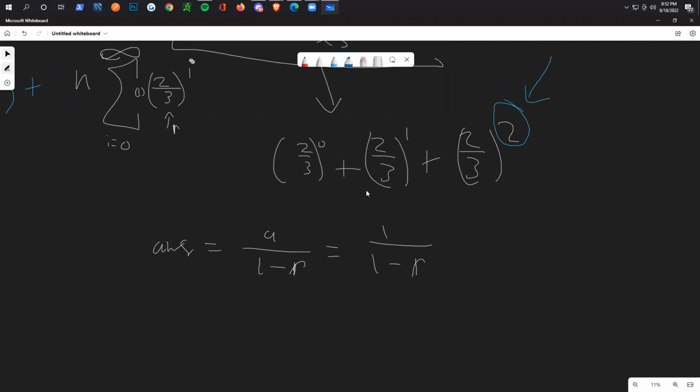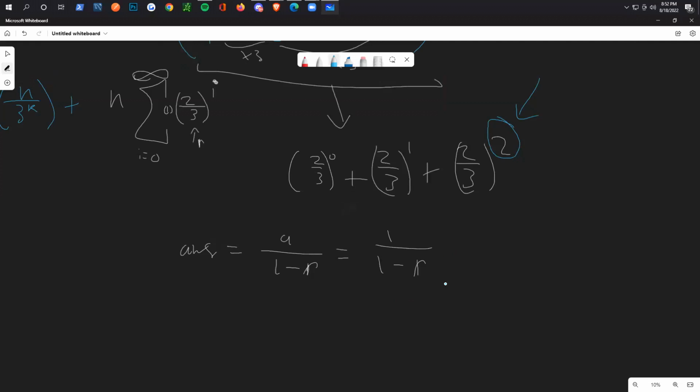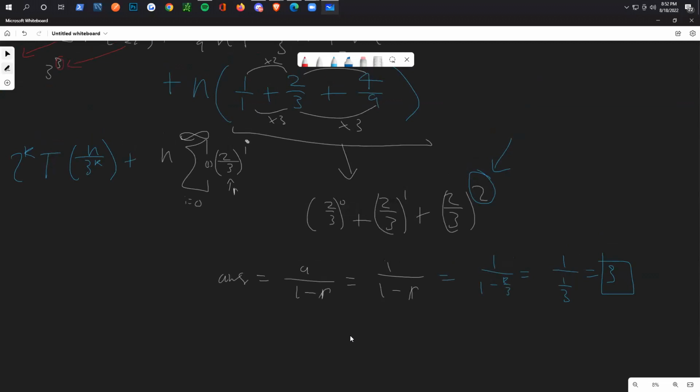So let's plug in the R. The R is 2/3. So it's going to end up being 1 minus 2/3. That's going to give you 1 over 1/3. And if you do some algebra, this is just 3 when you flip the fraction. Okay, so I know we dipped into calc, but this just ends up being 3.